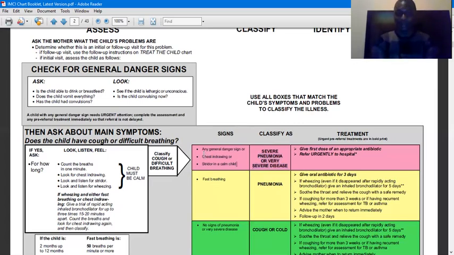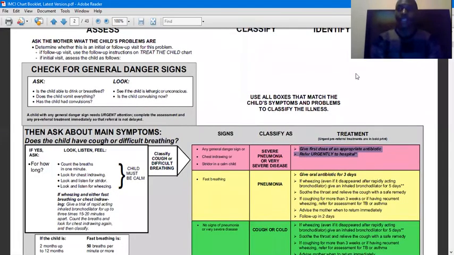According to IMCI, if the child presents with cough or difficulties in breathing accompanied by any general danger sign, and also chest indrawing or stridor, you classify it as severe pneumonia or a very severe febrile disease. We'll talk about the treatment at the end. So this is the first classification.